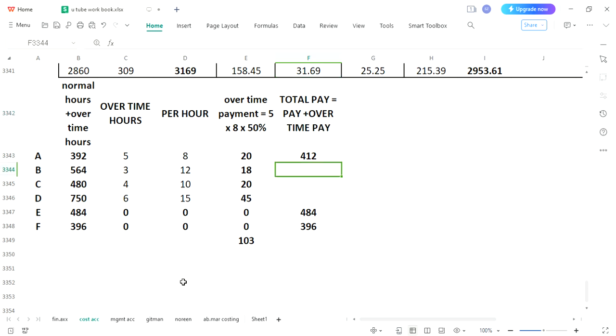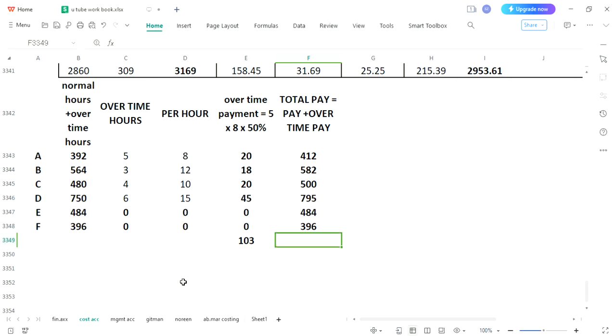Let's calculate payment for B. 564 was simple pay. You will add overtime 18. We have got total payment for B worker. For C worker 480 plus overtime 20. Again we have 750 plus overtime payment 45.